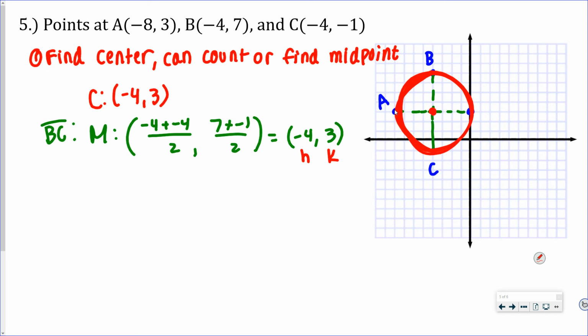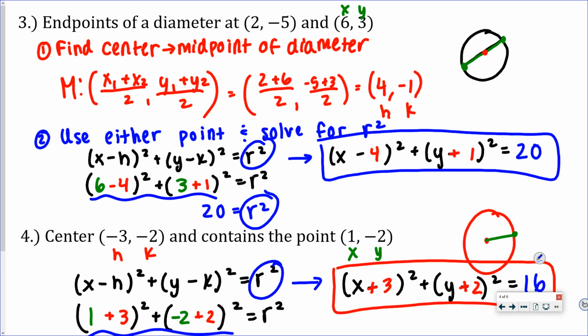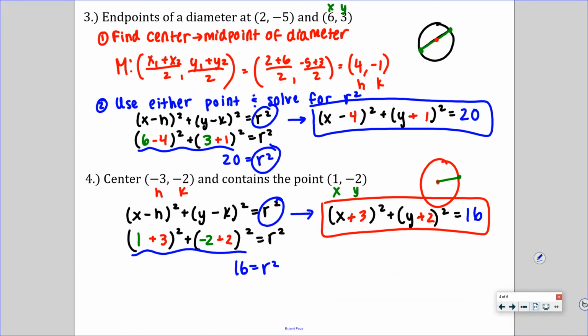So the second thing I need to do is find the radius. Again, on this one, you could probably count. If you couldn't count it, if it wasn't directly horizontal or vertical across from each other, you would do what we did in the last example, where you just plug in a random point and solve for r squared.